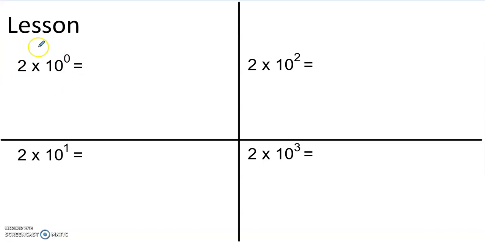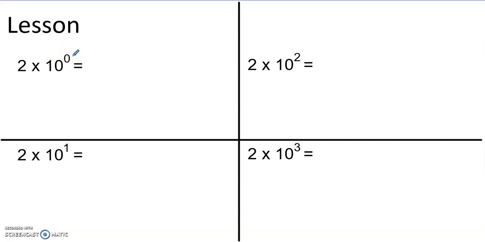With our first problem right here, we have 2 times 10 to the 0 power. Before we solve anything, we need to solve this exponential form first. The only exception to the rule of solving exponential form is when the exponent, this number right here, is a 0.